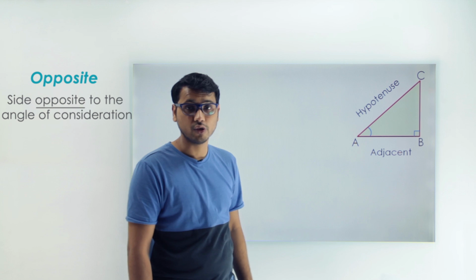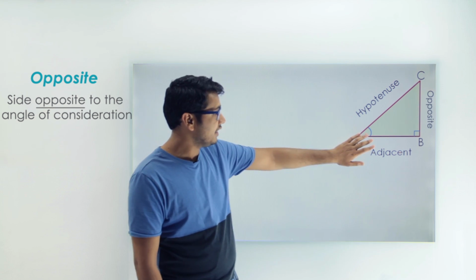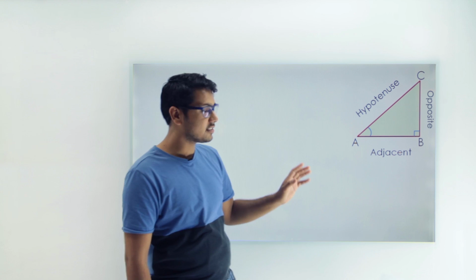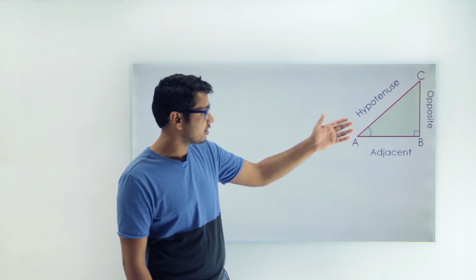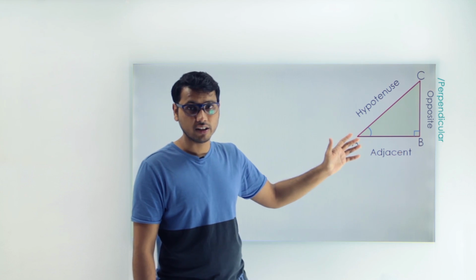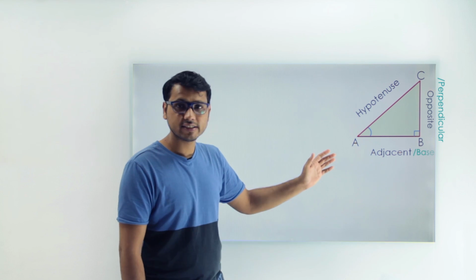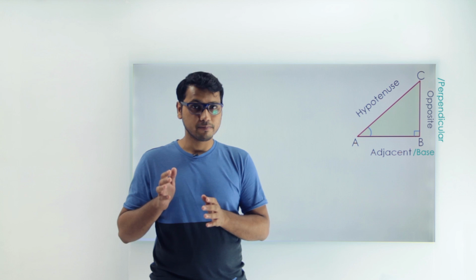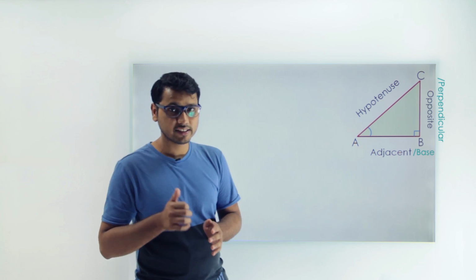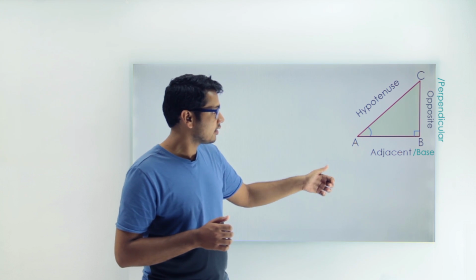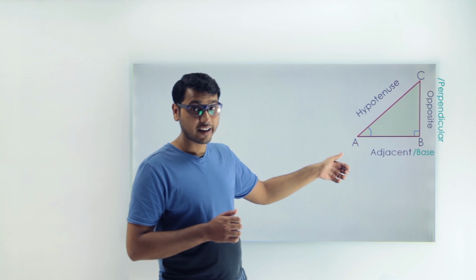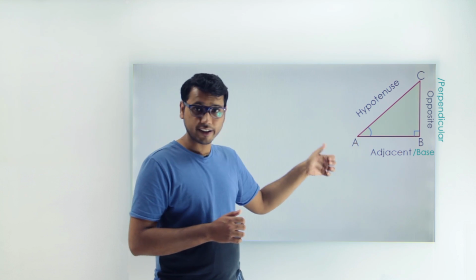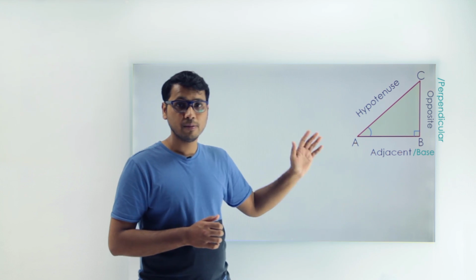BC is opposite to angle A. So BC will be our opposite here, and these opposite and adjacent are also termed: opposite is said to be perpendicular and adjacent is said to be the base. So the side which is near to the angle of consideration will be the base, and the side which is opposite to the angle of consideration is also known as perpendicular.